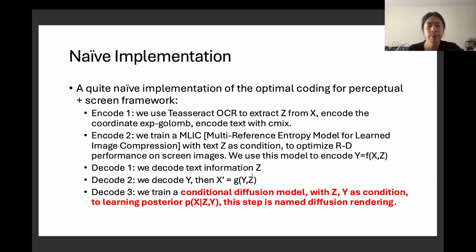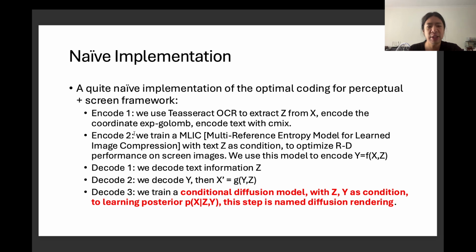screen content framework. So the first step is that we use an OCR algorithm to extract z from x, and we'll encode the coordinate in an exponential Golomb code, and we'll encode the text with a lossless compressor named Simix.